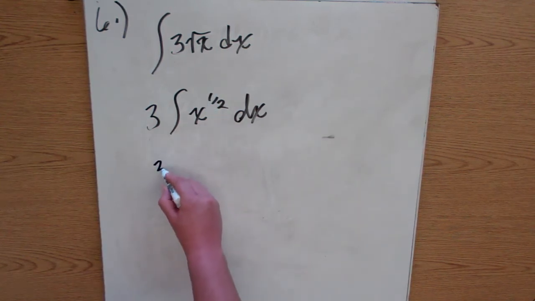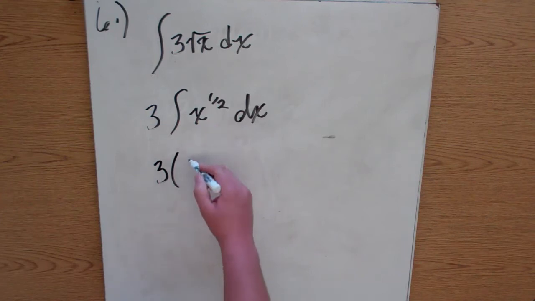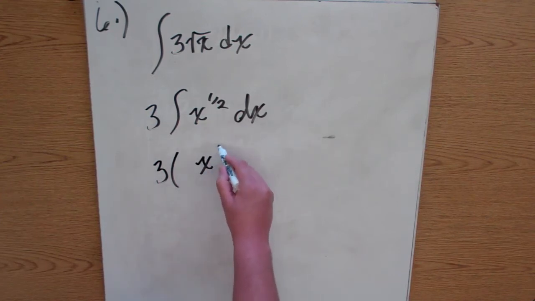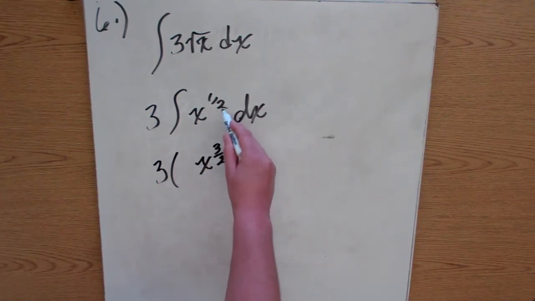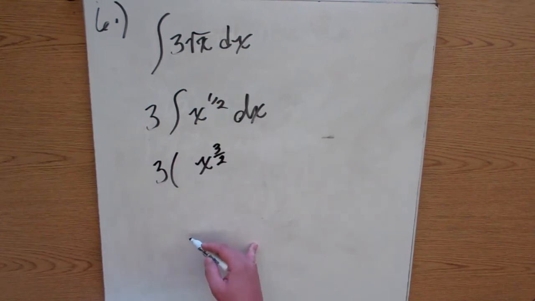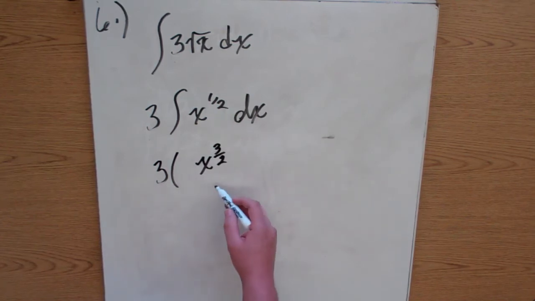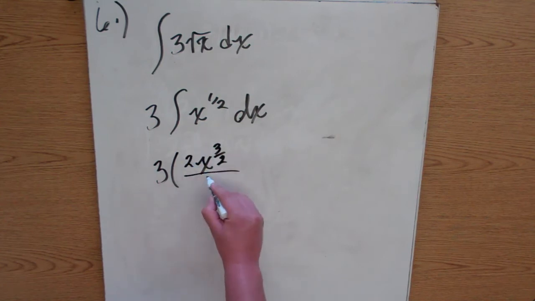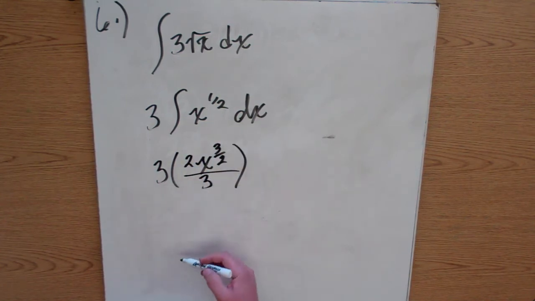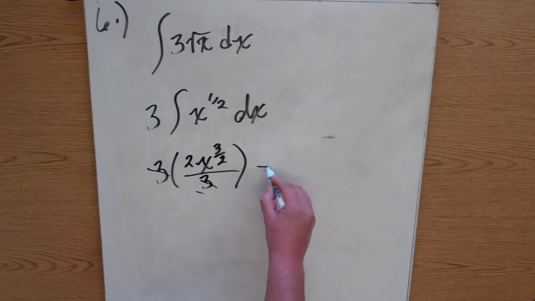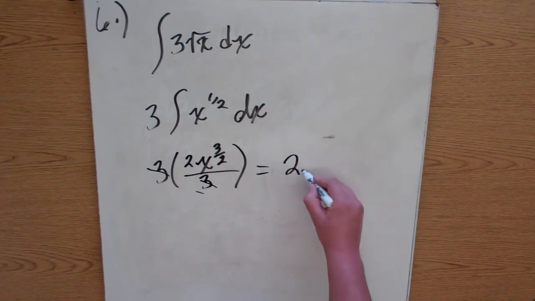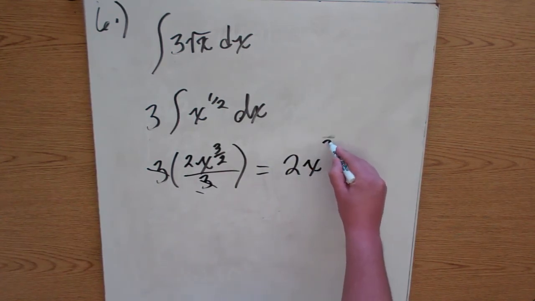So now we're going to have 3 times the antiderivative of this, which is x to the 3/2, because we add 1, divided by 3/2. When you take the reciprocal of that, it turns into 2/3. Now, of course, these 3's will cancel out, and your final answer is 2x to the 3/2.